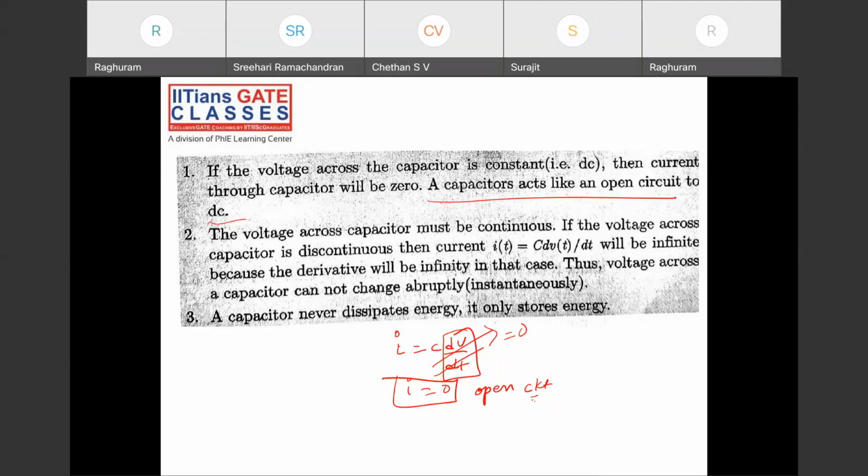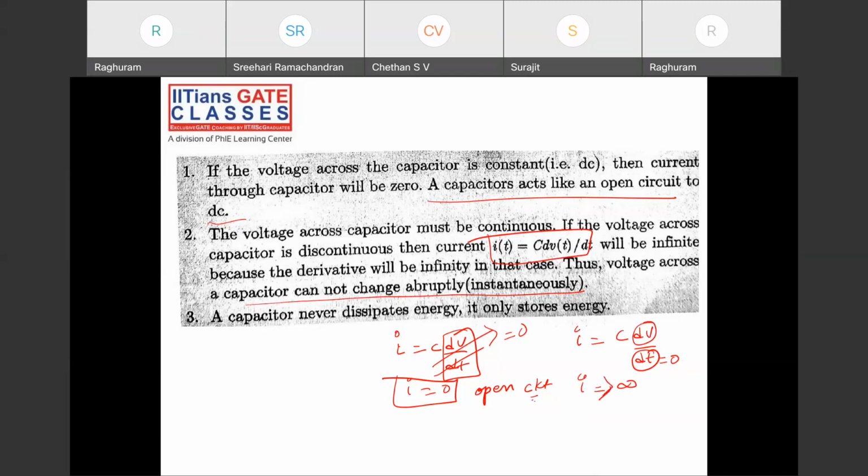Okay, the voltage across a capacitor must be continuous. If the voltage across the capacitor is discontinuous, then the current I is C dV by dt will be infinite, because the derivative will be infinite in that case. Thus, the voltage across the capacitor cannot change instantly. So I is C dV by dt. If there is a change in voltage instantly, at dt is 0, I tends to become infinity.